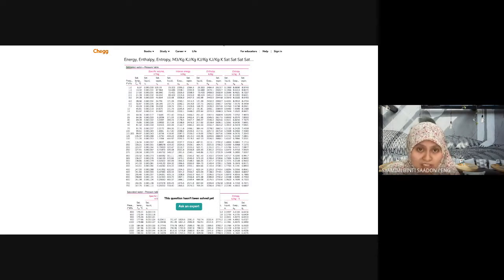That's why just now we learned first about the pure substance and the definition of the different phases, because we have to apply this when we read the table or look at the diagram, so we know which one we have to pick. So you have to understand the process.